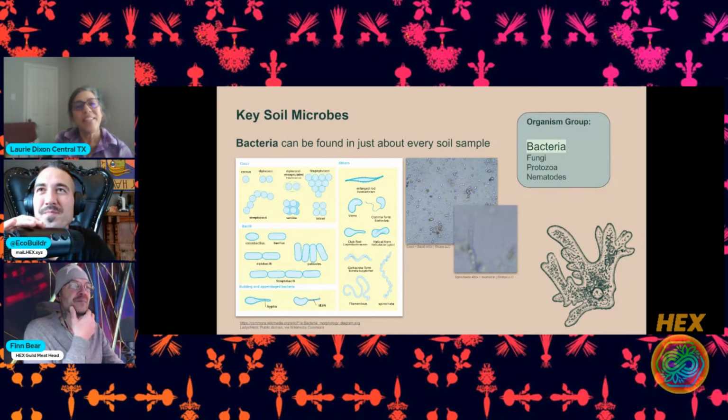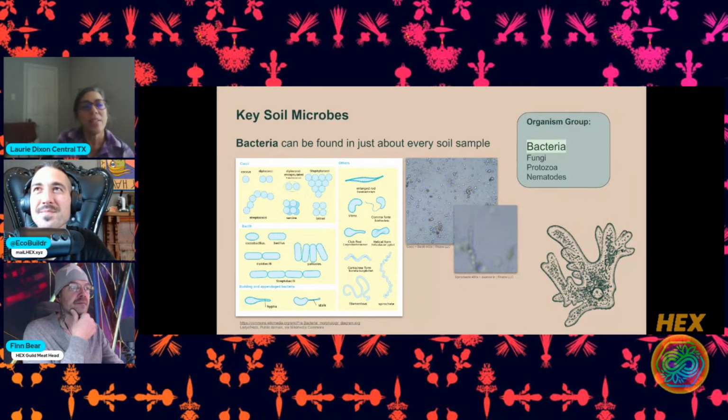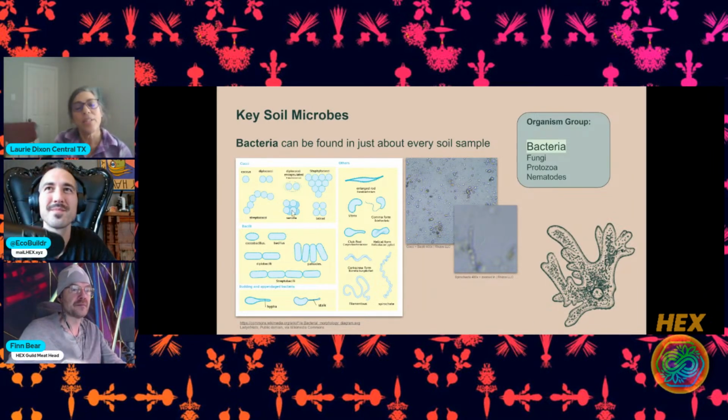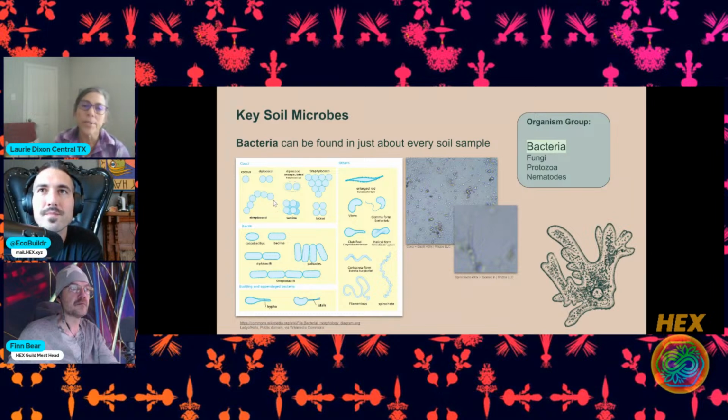So here are the key soil microbes. Of course, the first thing we're looking at is the bacteria. When we're doing microscopy, we can't identify to species. You'd have to have an electron microscope, be in a university, or be wealthy enough to buy one.